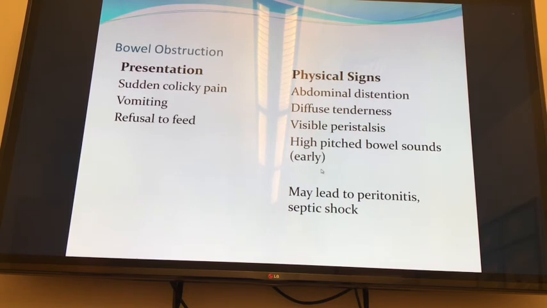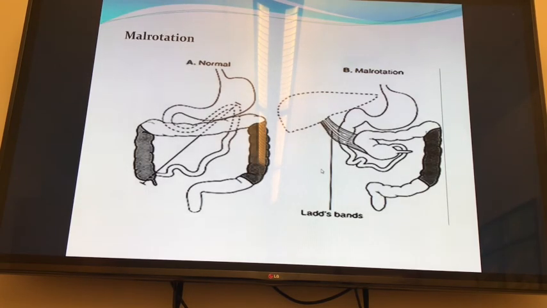The presumed etiology is there's a partial obstruction and it's squeezing through a narrowed opening, so the pitch of the sound's higher, but not anything to hang your hat on. And then by the time someone's in peritonitis and septic shock, it's usually pretty clear that there's badness going on.